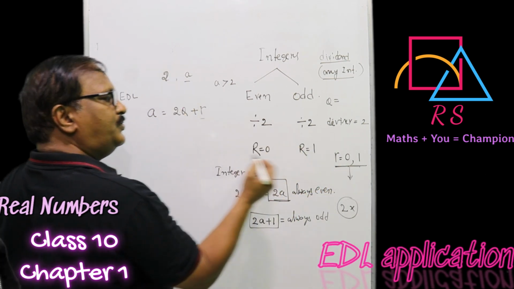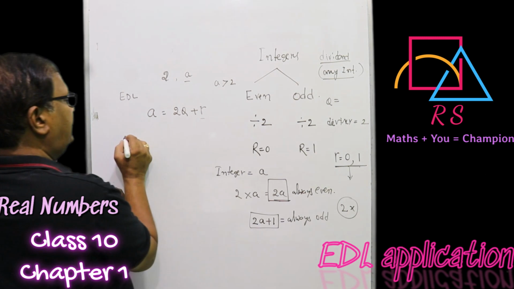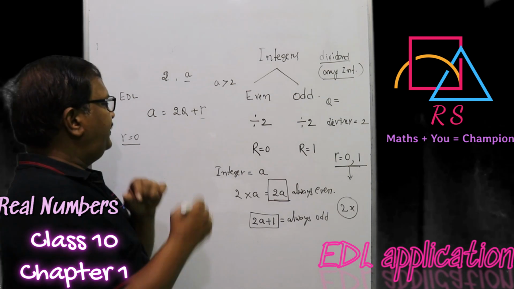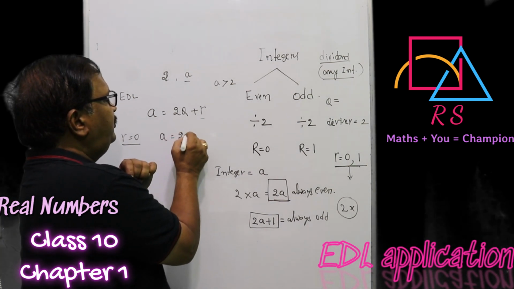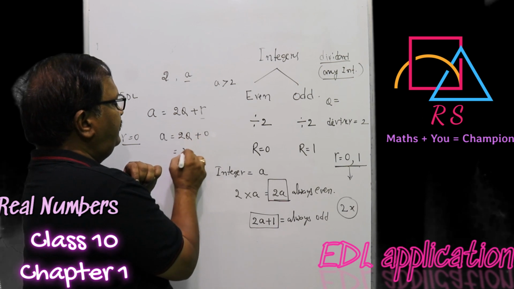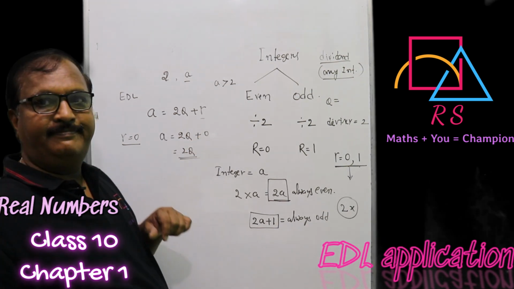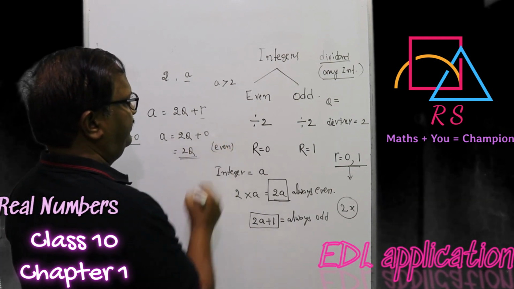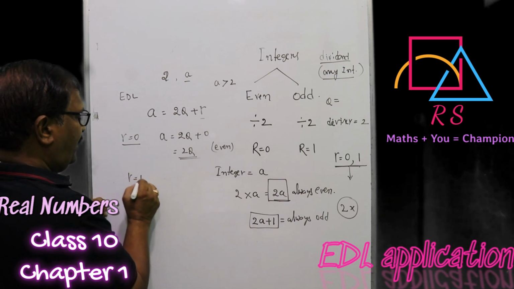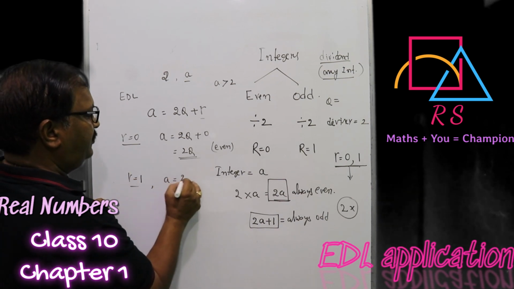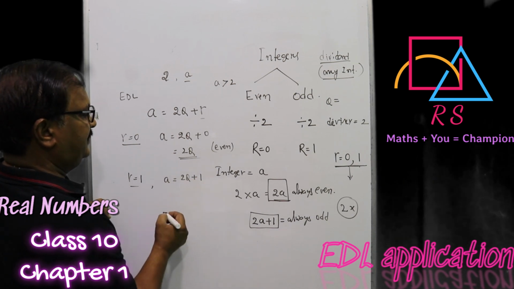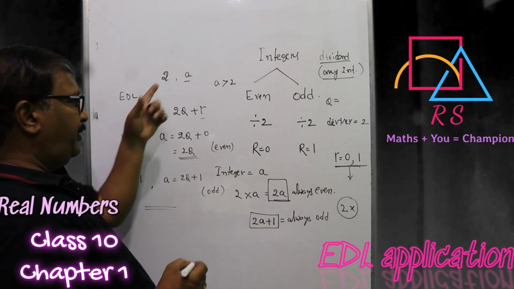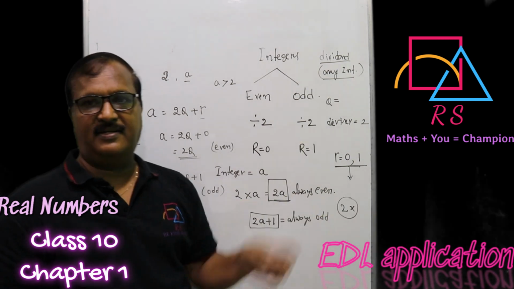Because the divisor is 2, r is 0 or 1. If r = 0, then a = 2q + 0 = 2q, an even number. If r = 1, then a = 2q + 1, which is always an odd number. This is how Euclid division lemma comes into this concept.